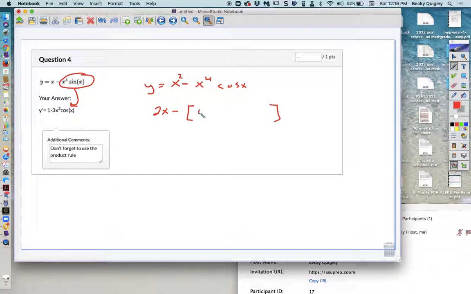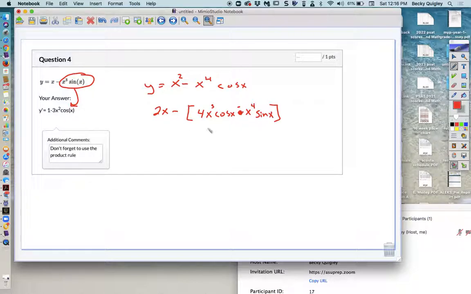So the derivative of x to the 4th is 4x cubed times cosine x plus f of x times the derivative of cosine x. And the derivative of cosine is negative sine x. So I'm going to make sure I put that negative right there.